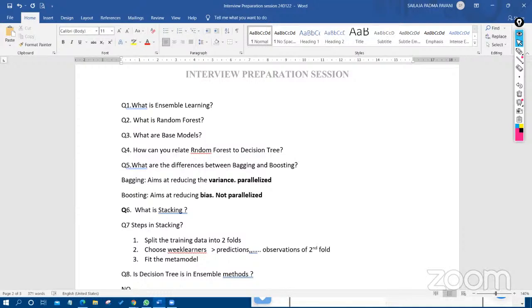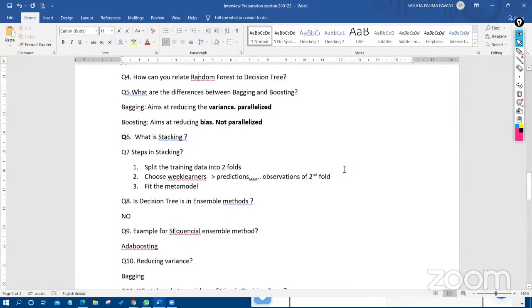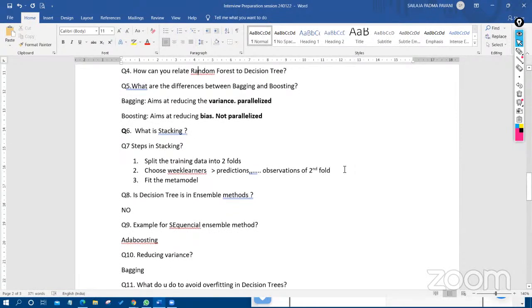Okay, so how can you relate random forest and decision tree? And what is the difference between bagging and boosting, and what is stacking? We have already gone through decision tree previously, and again I recapped that.